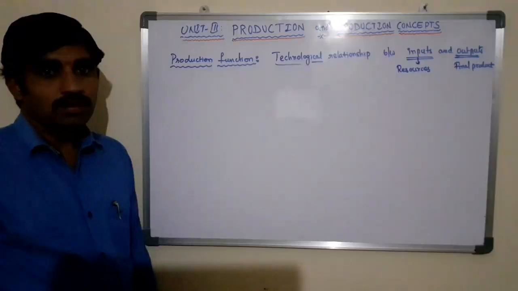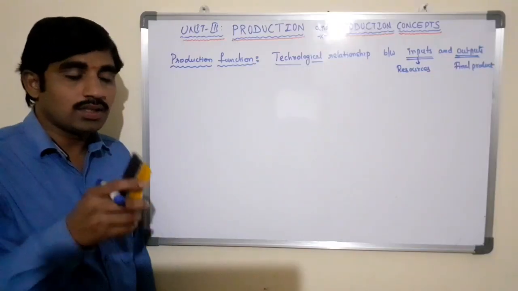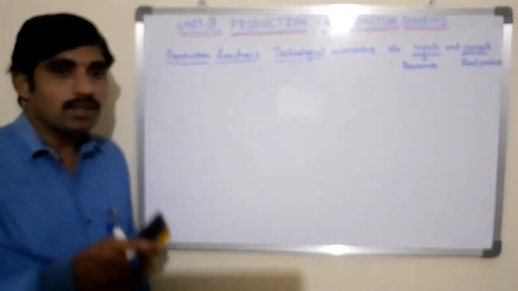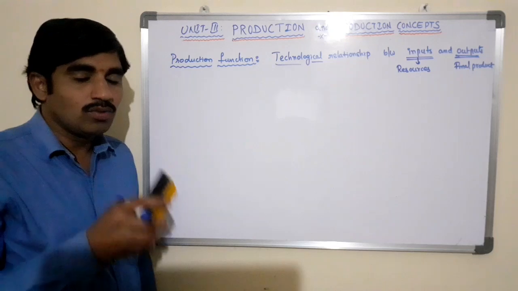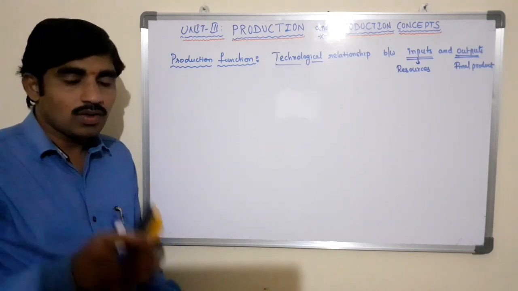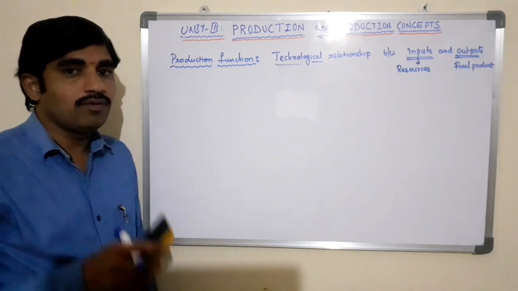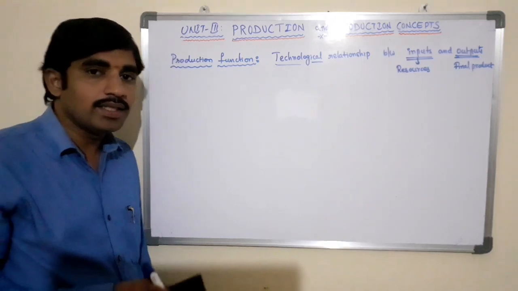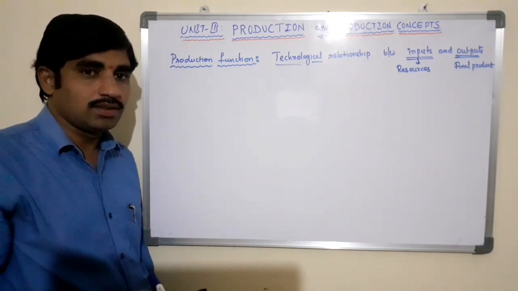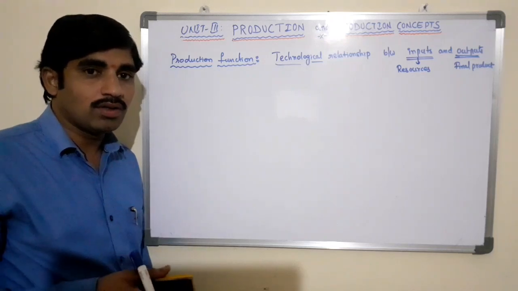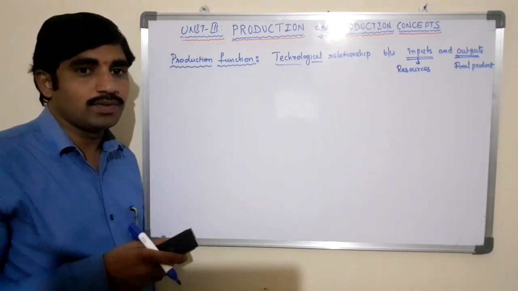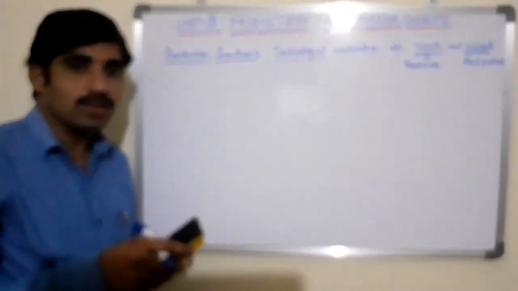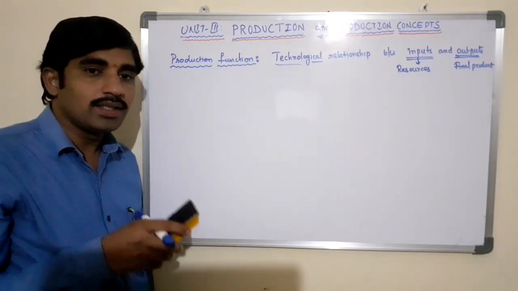It is also defined as the technological relationship which explains the quantity of production that can be produced by a certain group of inputs. It is related to a given state of technological change. Here, the more the changes in inputs or technology, the more the output, and vice versa. So production function explains the quantity of products produced by a certain group of inputs.